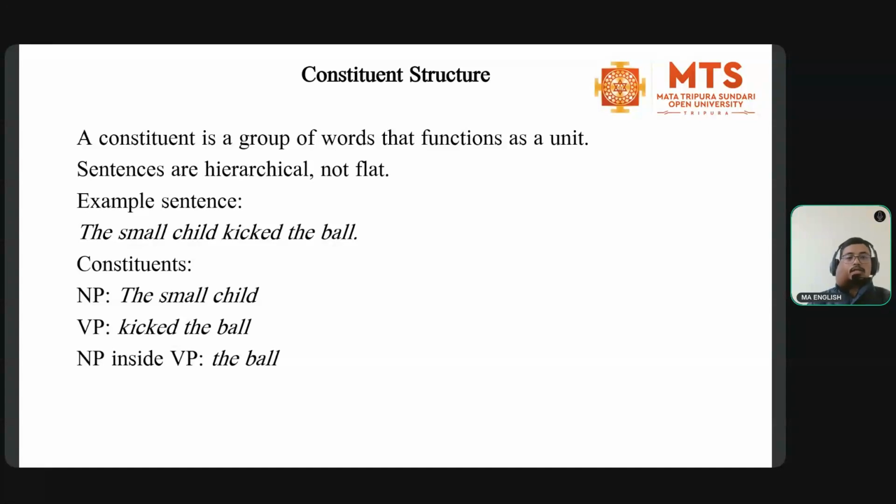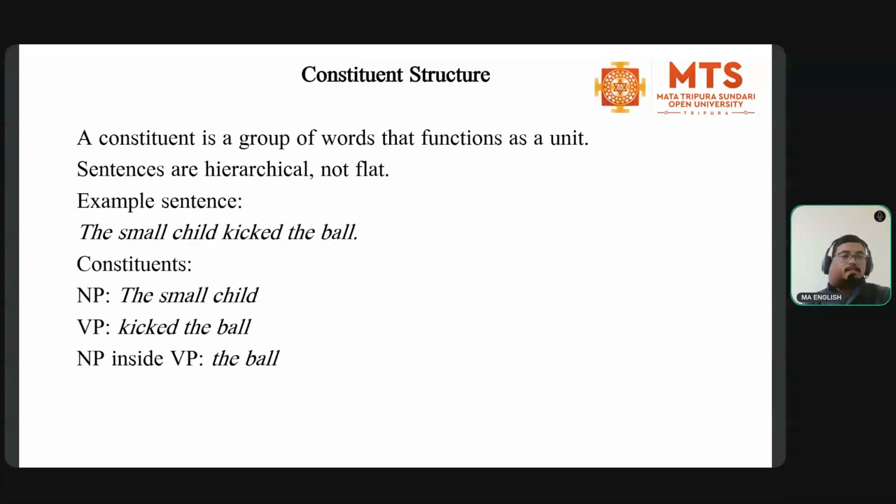A constituent is a group of words that functions as a single unit in a sentence. In other words, some words in a sentence stick together and work together. Syntax studies these groups, not just individual words. So an important point to remember is that sentences are hierarchical, not just flat.